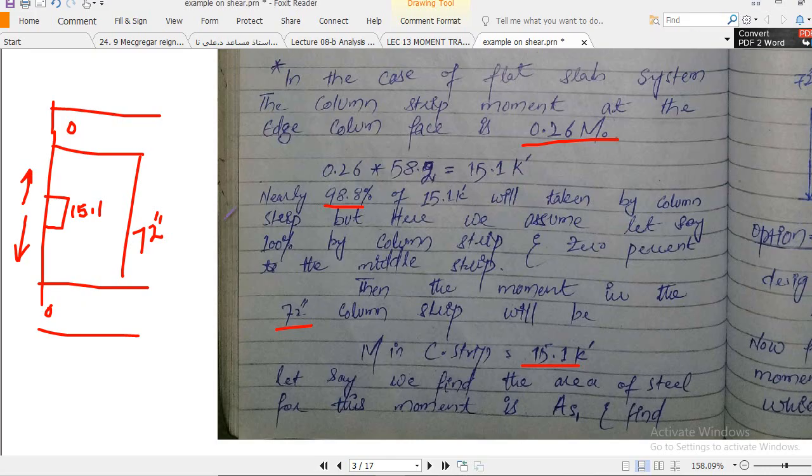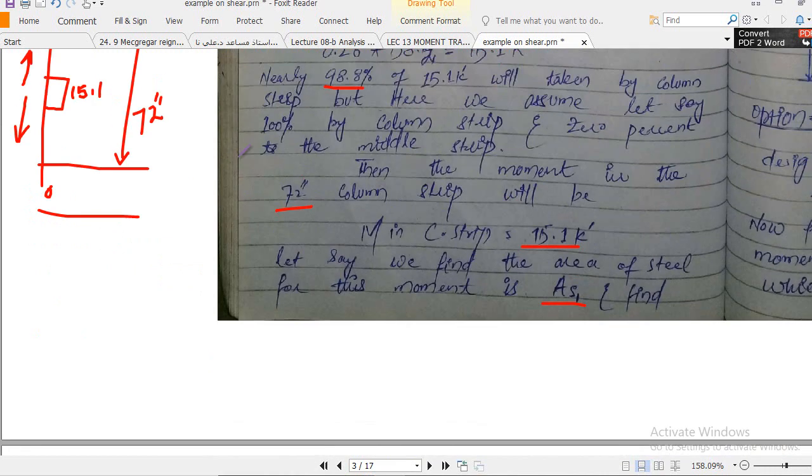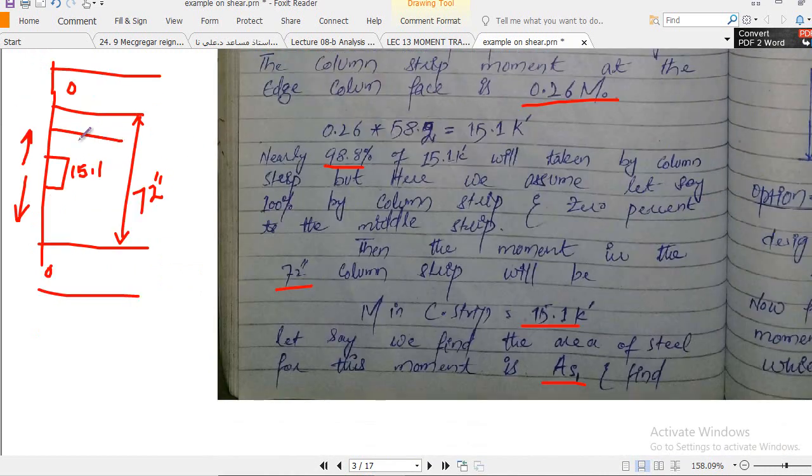We denote that steel area by As1, and we assume a number of bars in the 72 inch column strip, let's say 10 number 4 bars or 5 number 4 bars, and those bars should be adjusted in the 72 inch column strip.